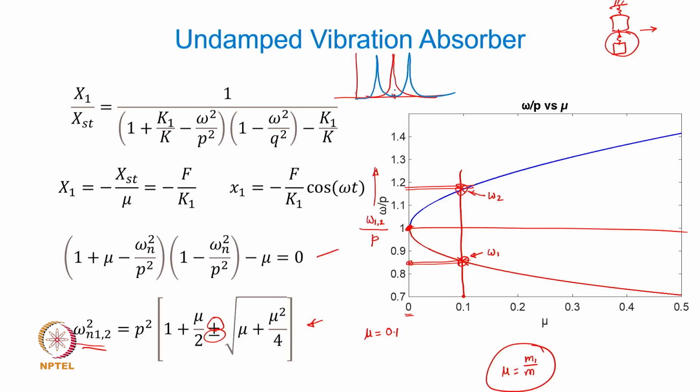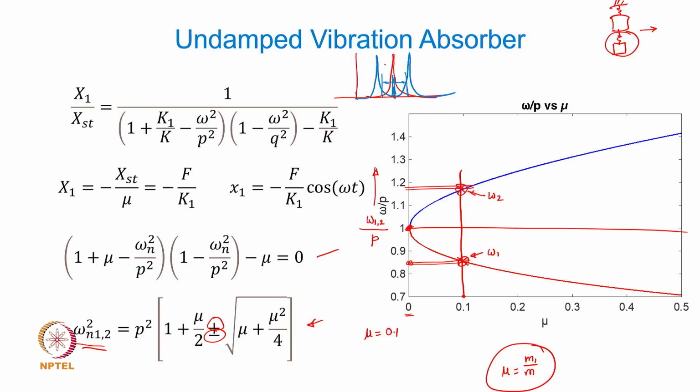Now I was happy that by attaching the absorber, I am sitting here and I can enjoy the zero amplitude operating condition, right? But you all know, from practical experience, there would be slight deviation in the operating speed. You cannot expect otherwise: the load changes, the speed drops, the load reduces, the speed slightly increases. And therefore, if by chance you go a little far off from this operating point, you would be close to one of the two resonances, isn't it?